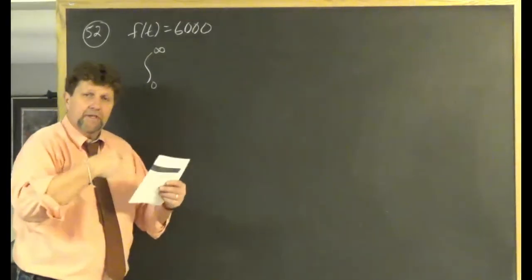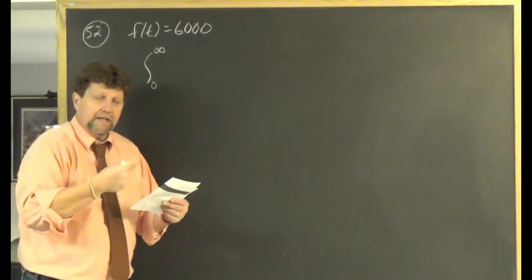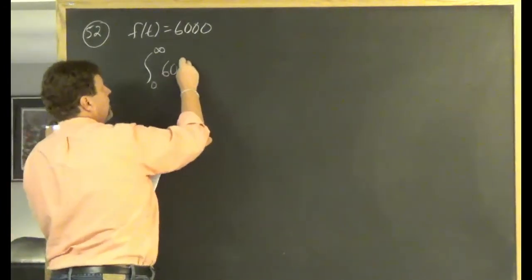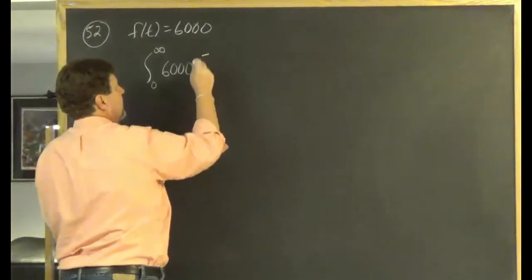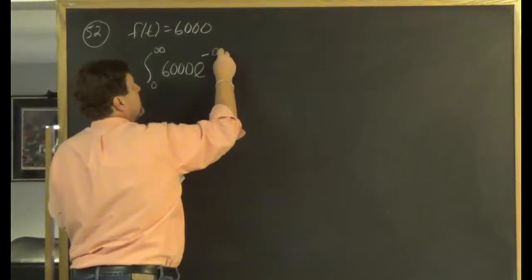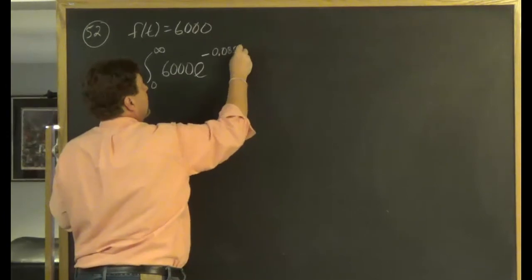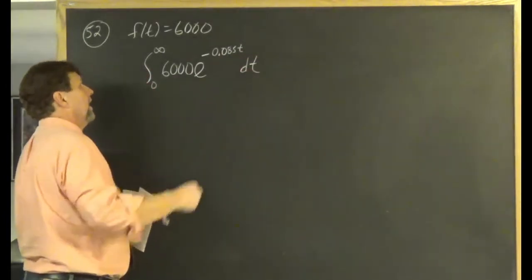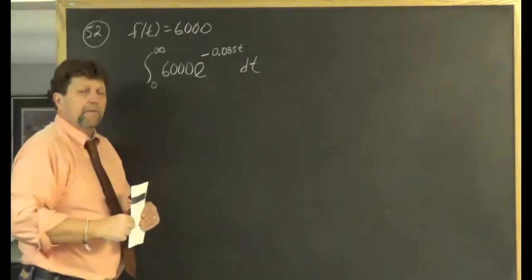This is something that we saw introduced in section 7.4. So you have your rate of flow function, e to the negative, and the rate was 8.5%, so that's 0.085 t dt. This tells us the capital value.